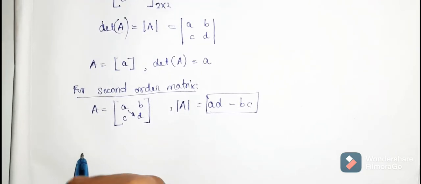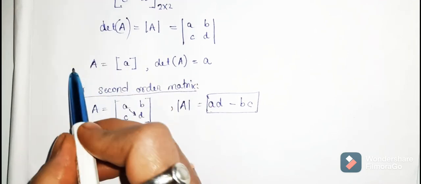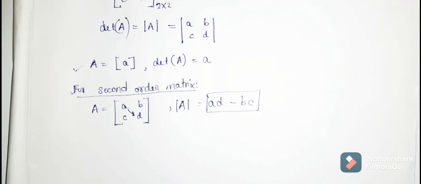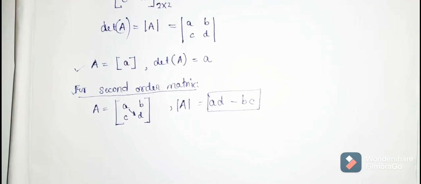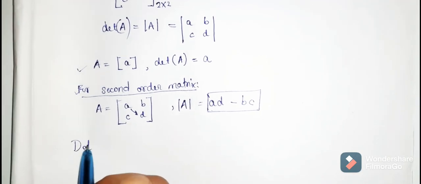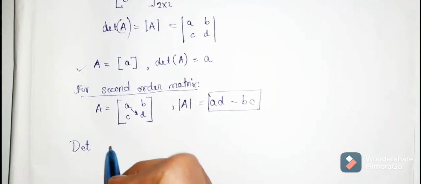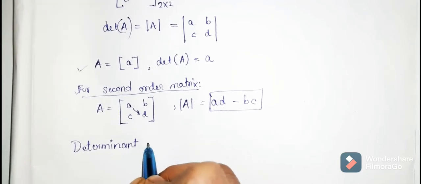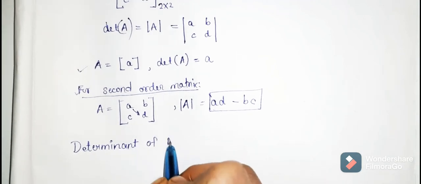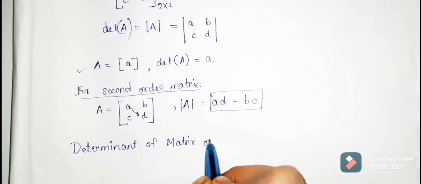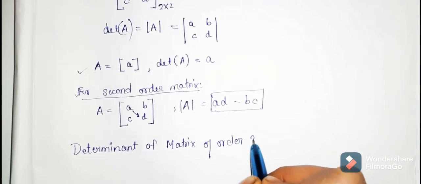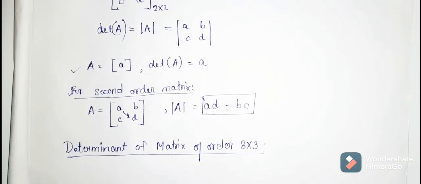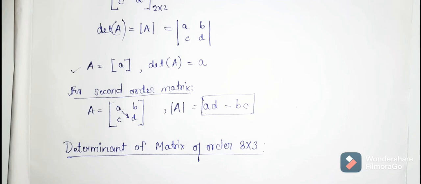Next we have, this is first order, this is second order. Next, how will we find out the determinant of a matrix of order 3 by 3? 3 by 3 means 3 rows and 3 columns.